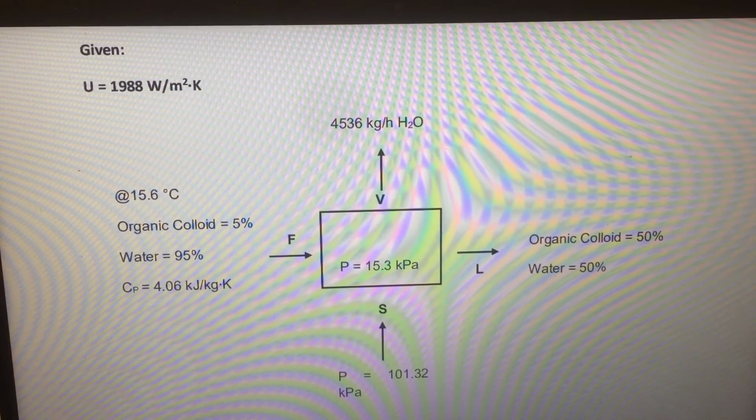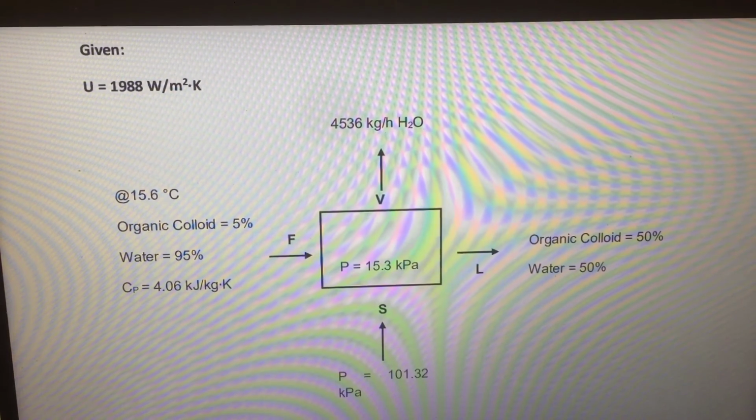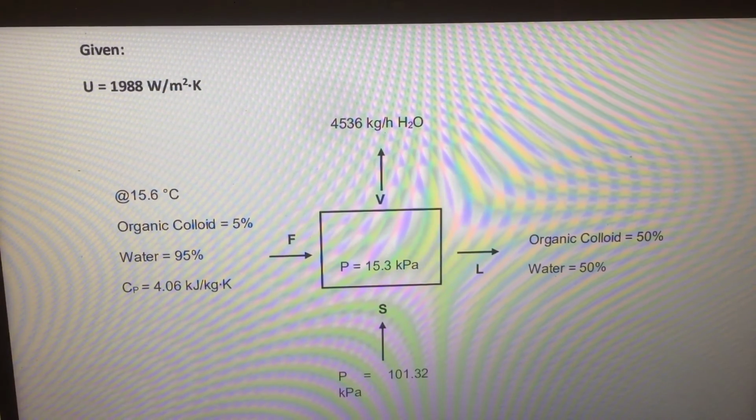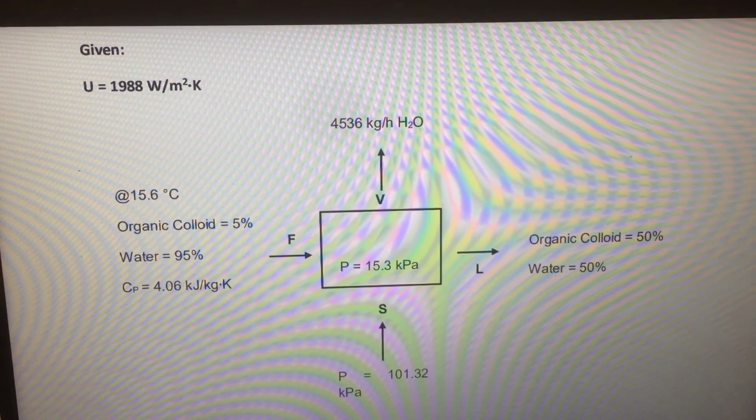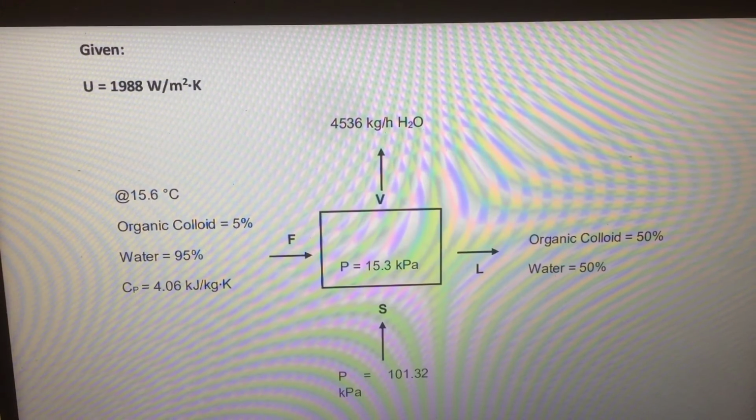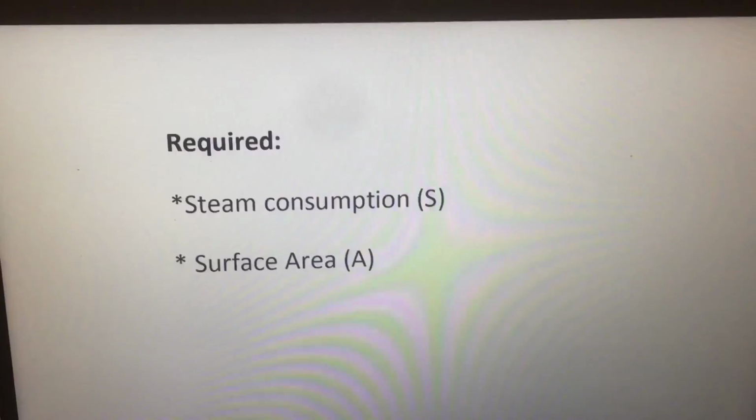We also have saturated steam entering our evaporator at a pressure of 101.32 kilopascals, and a pressure of 15.3 kilopascals in the vapor space of the evaporator. Leaving our system, we have 4,536 kilograms per hour of evaporated water, and organic colloid 50% and water 50%.